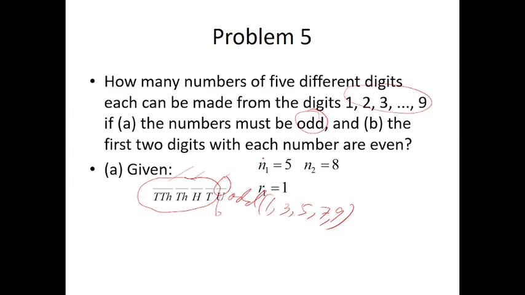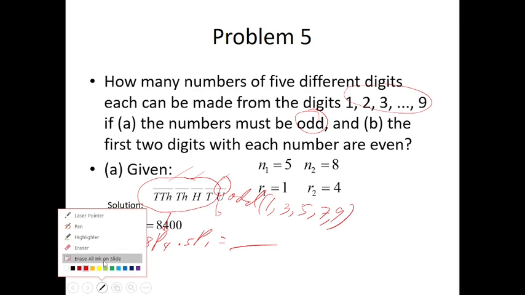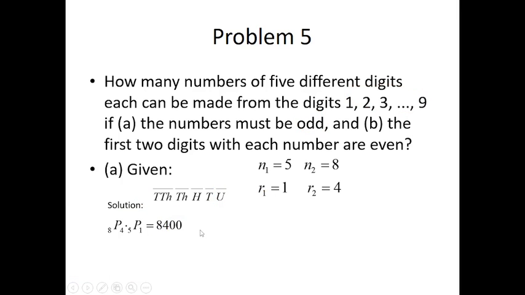So r2 is equal to 4, and we will just multiply. This is 8P4 times 5P1, and we will get the answer: 8P4 times 5P1 is 8,400. So that is the answer we got earlier, if I'm not mistaken.